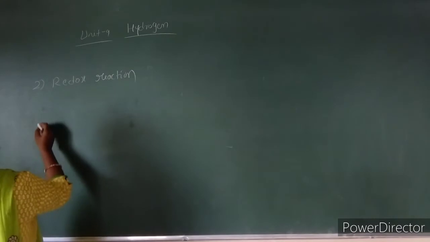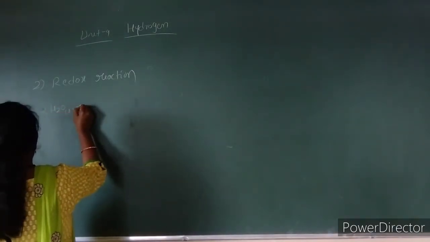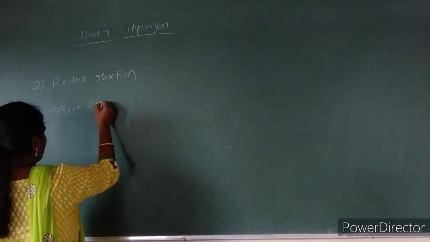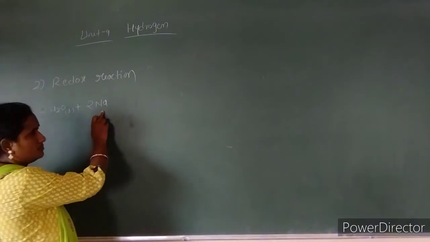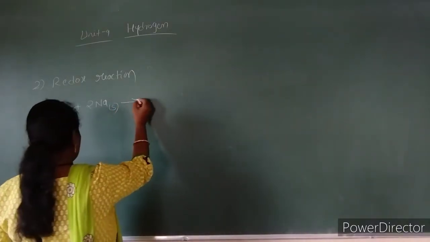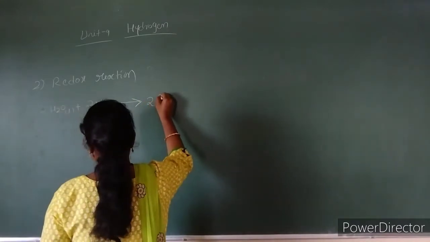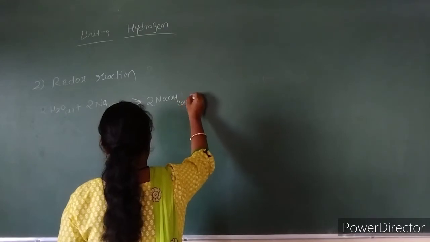So we can write 2H2O, whenever it reacts with more electropositive elements like sodium or potassium. In general, I will write sodium. It will form sodium hydroxide with the liberation of hydrogen.